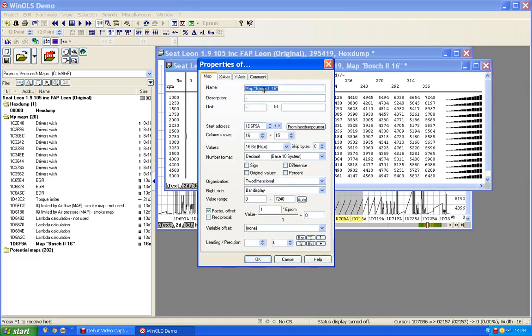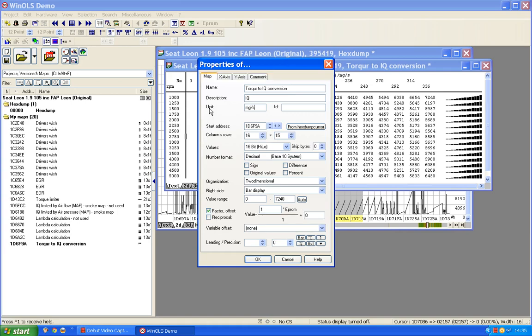Assuming that it is, if I put as a title for the map torque to injection quantity conversion, something like that, and the description is, well, it will be injection quantity. I'm just using IQ.